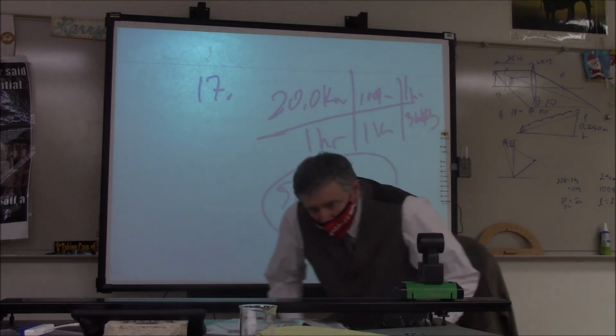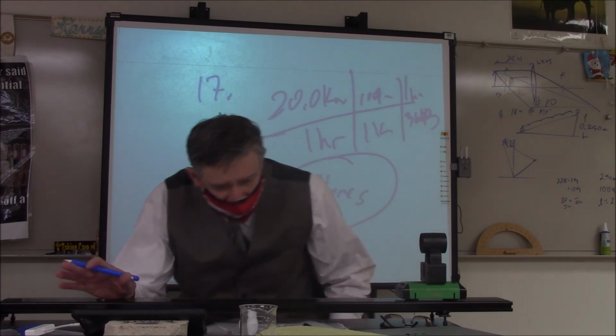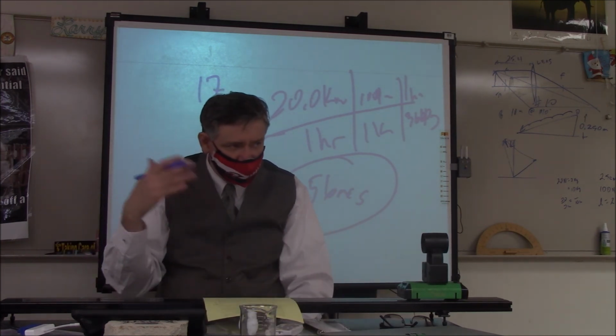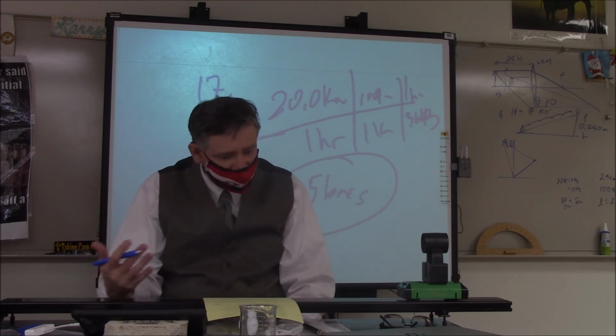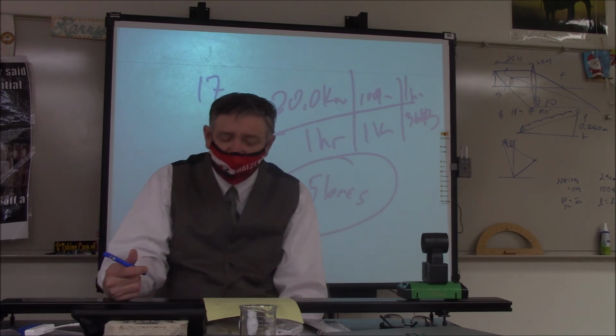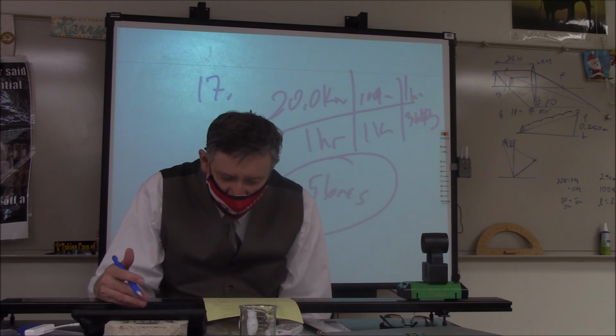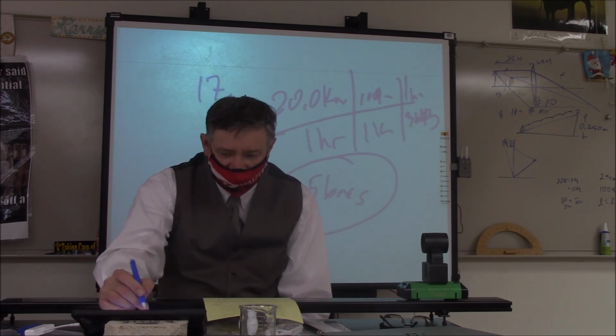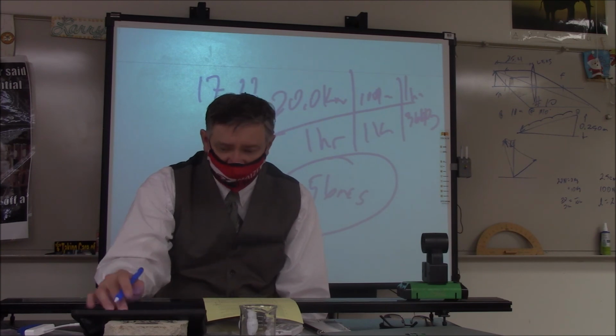Now, I can preach up here, I can talk about these equations all day long, but until you really begin to use them, that's when you're going to get a feel for how this plays out. So, like on 17, you're going to have 3 different parts to this answer. You're going to have 17A, here's the answer for that.